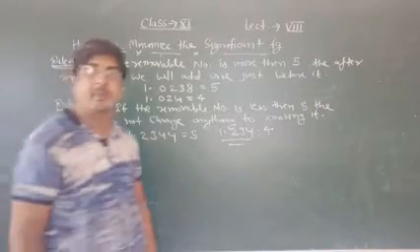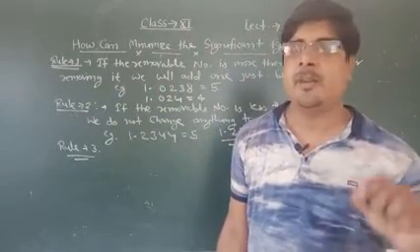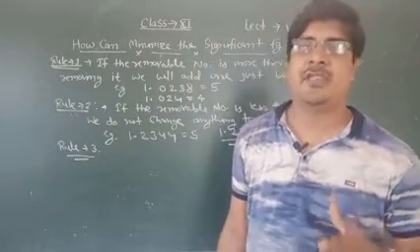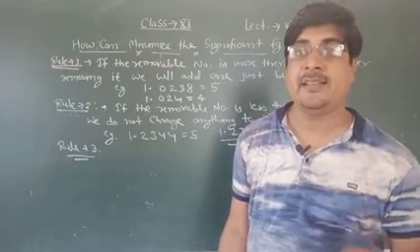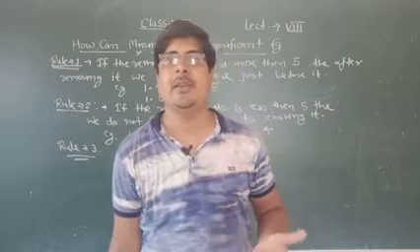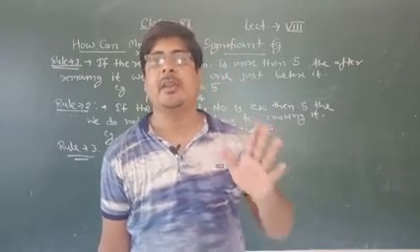Okay, rule number 3. If the removable number is 5, then what will we do? If the removable number is 5 and just before it there is an even number, then we do not change anything on removing it.